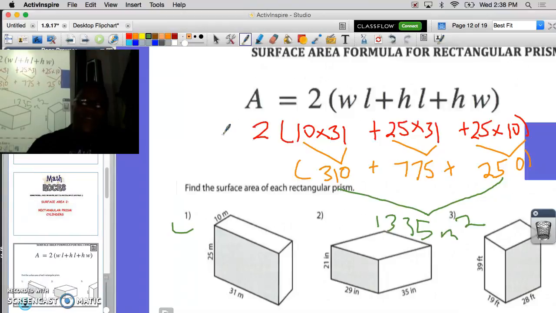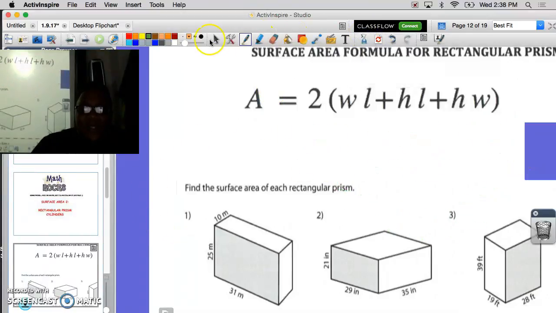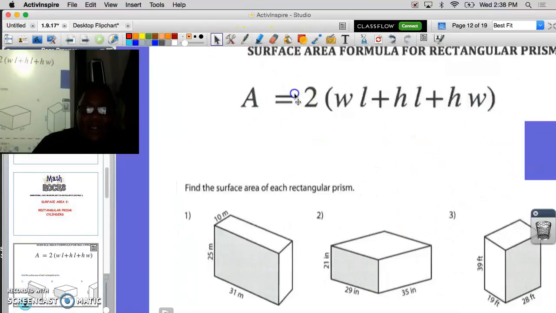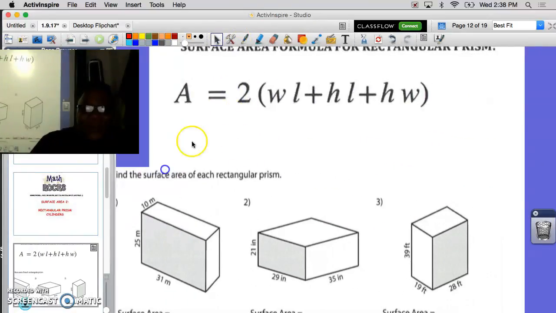Okay, so now let's take a look and see what we can plug in for number 2. All right, number 2. I have 2 times the width, which is 29, times the length, which is 35.